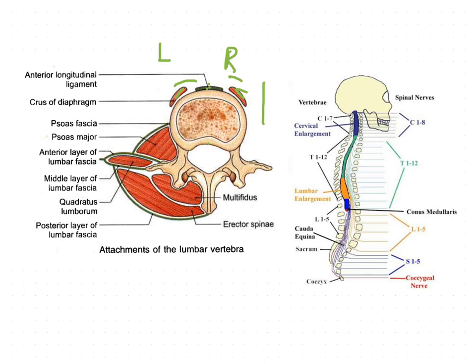Okay, on the right side, the right crus is attached to 3 lumbar vertebrae, whereas on the left side, the left crus of the diaphragm is attached to only the upper 2 lumbar vertebrae, that is L1 and L2. Okay, so these are the attachments of the crus of the diaphragm to the body.